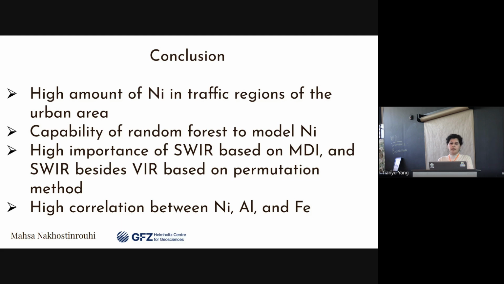And then it was the capability of random forest method to model nickel in urban soil, and then it was two parts of spectra, including shortwave infrared and visible infrared, regarding the prediction of nickel as the highly important parts of spectra. And finally, it was the high correlation between nickel, aluminum, and iron as the reason behind the results coming out.